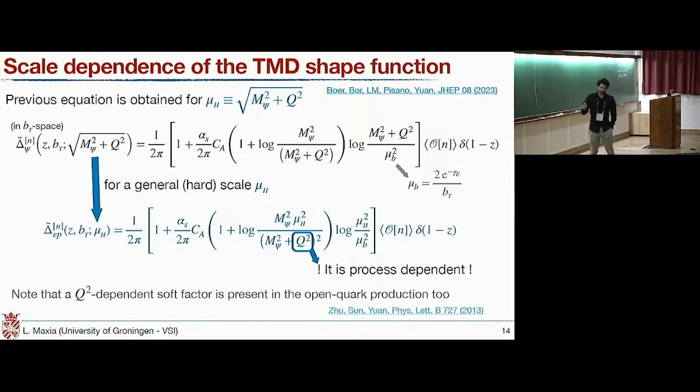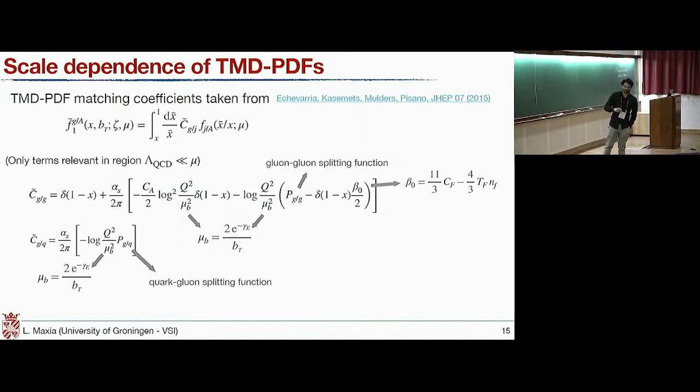And just to see why this point is a little bit strange, let me do an analogy with the TMD PDF. If I take again the evolution at the highest hard scale of the TMD PDF, you will get some kind of result where Q now is some hard scale that depends on the process.